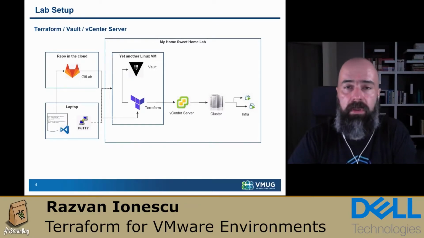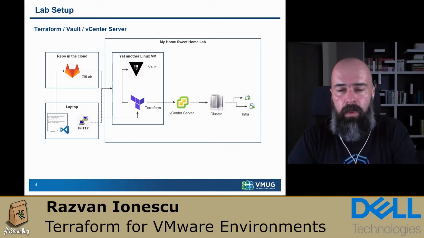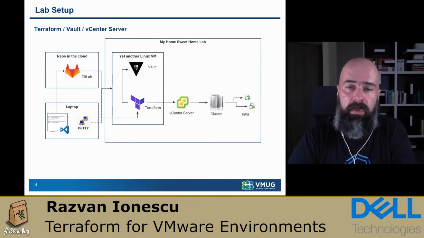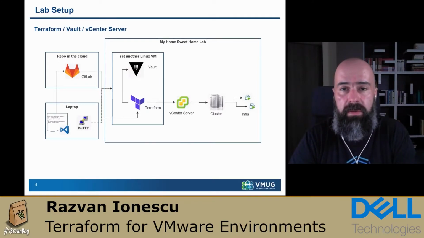It can be GitHub, it can be something different. On a dedicated VM, I'm running Terraform and Vault, two components. This dedicated VM is actually able to connect on one side to the code itself, and on the other side to the vCenter server API, in order to provision the infrastructure.